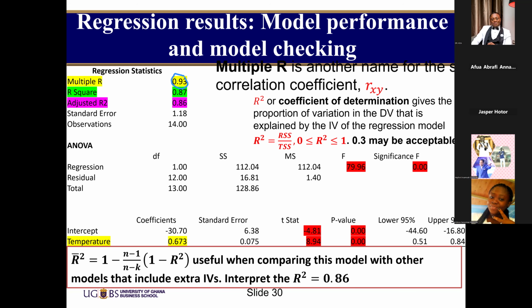So if there are some independent variables that are not relevant, but you still include them, the R square will stay the same, but the adjusted will come down. That is what you got to know. The adjusted R square is given by 1 minus (n minus 1)/(n minus k) times (1 minus R square). It's very, very useful. Okay. But most of the time we use the R square. But when there's a big difference between the adjusted and the R square, you have to check.